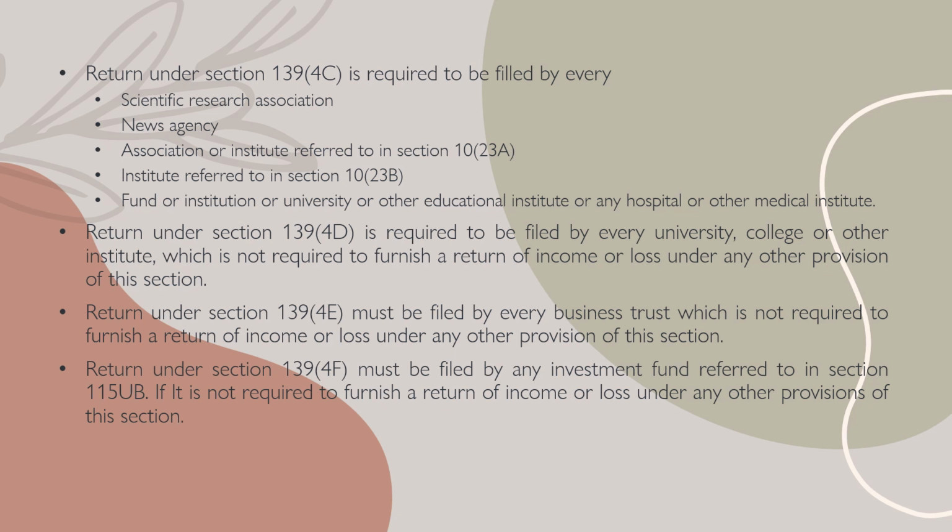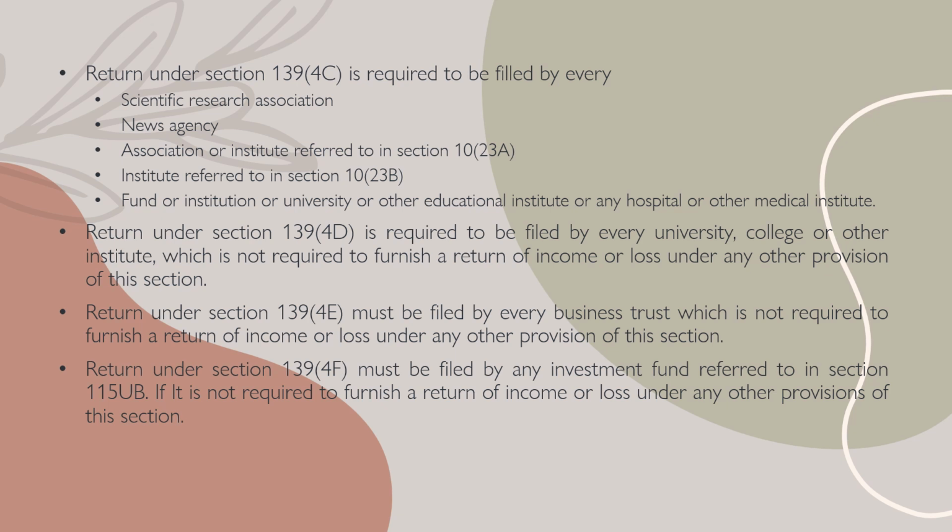Return under section 139(4)(d) is required to be filed by every university, college or other institution which is not required to furnish a return of income or loss under any other provision of this section. Return under section 139(4)(e) must be filed by every business trust which is not required to furnish a return of income or loss under any other provisions of this section.